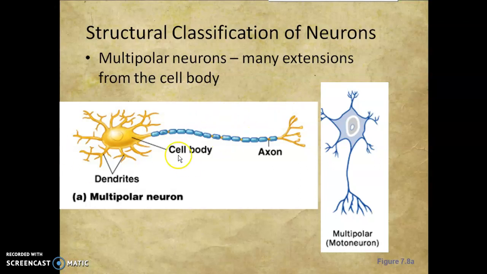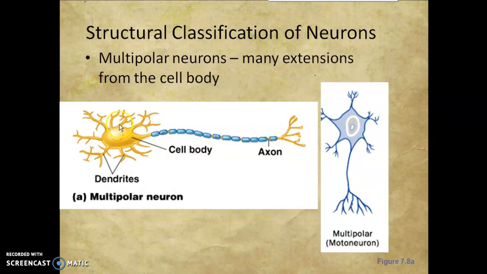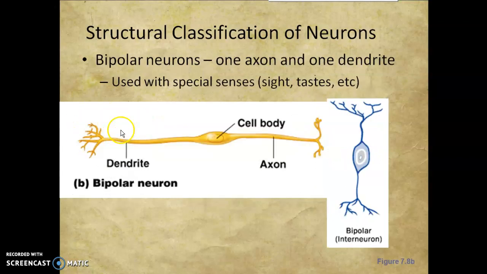They're also the more complicated ones, so a lot of times they'll show you those, because the unipolar and the bipolar aren't as complex as cells. Remember, multipolar, you have many extensions coming from that cell body. Here we have 1, 2, 3, 4, 5, 6, 7, 8, 9, 10, if I counted right. So a whole bunch, multipolar.